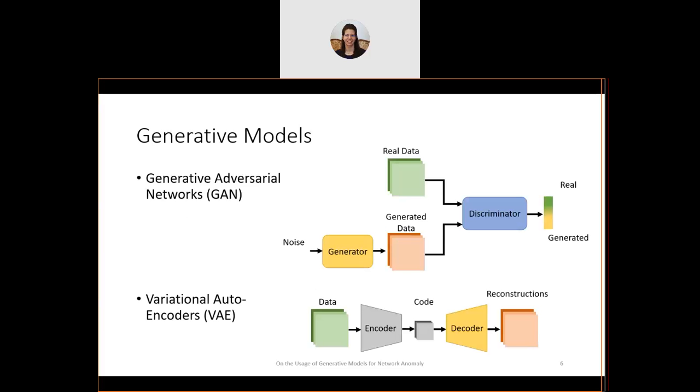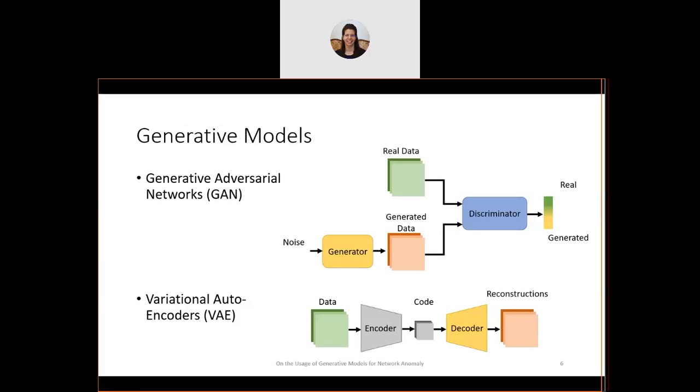For this task, we chose two of the most popular generative model tools, which are generally used with complex data, such as images. We use generative adversarial networks and variational autoencoders. A little bit of introduction. Generative adversarial networks are two neural networks that are trained from a competition between them. On the one hand, the generator tries to generate samples that are more and more realistic over time. On the other hand, the discriminator must increase its ability to differentiate when a sample comes from the real data or the generator.